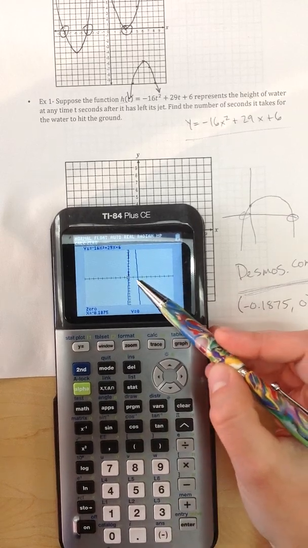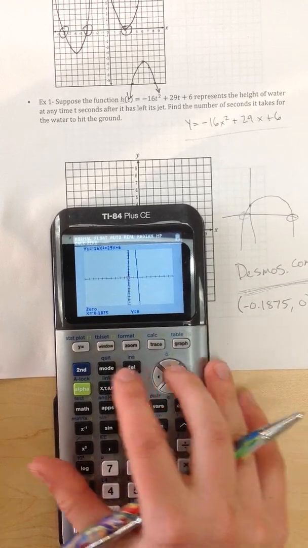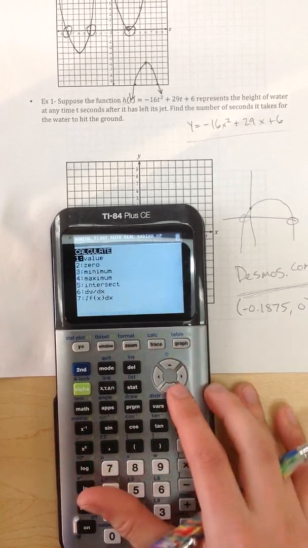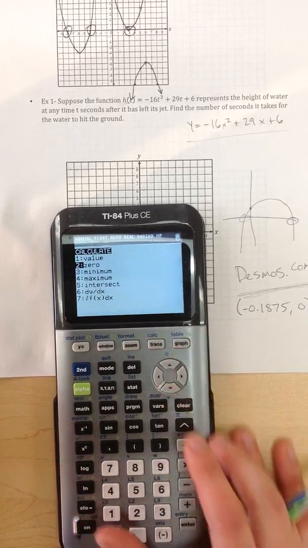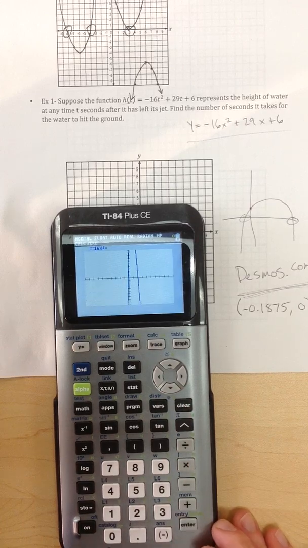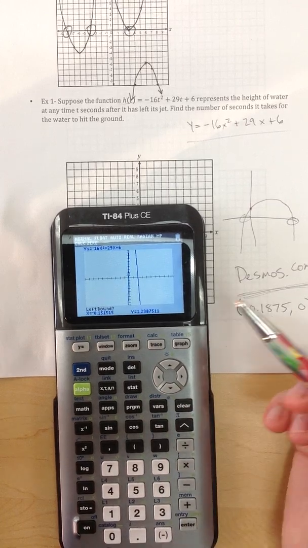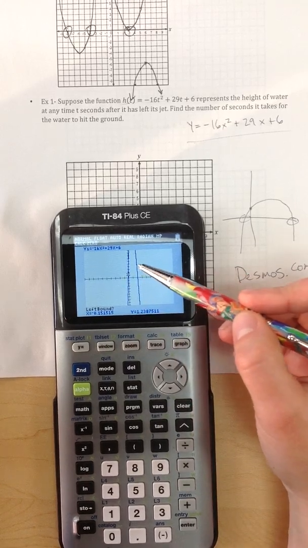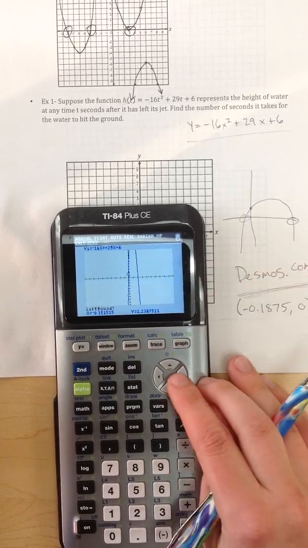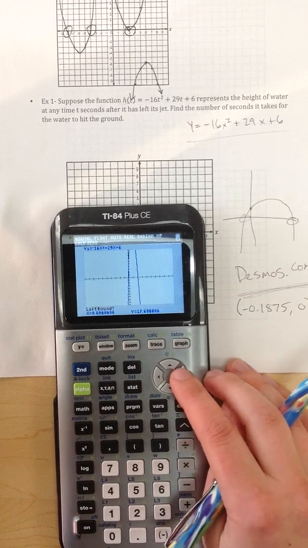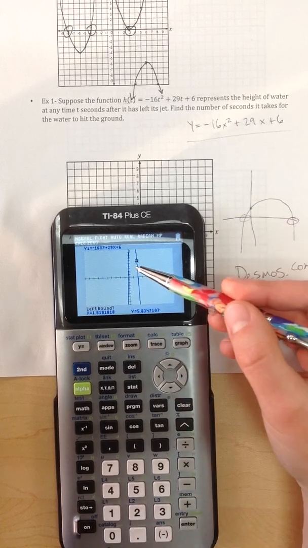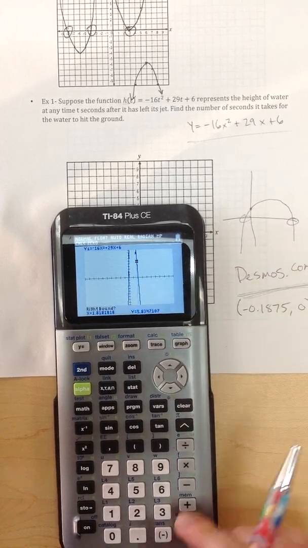Now I want to find this one over here. So I do the same thing. I can go second, and then my trace button, which is calculate above it. Then I'm trying to calculate 0, so I arrow down to that. And then again I need to pick my left bound and my right bound. My left bound would be anywhere on this side of it, so I can arrow along that to the left side of it right here, and then I click enter.